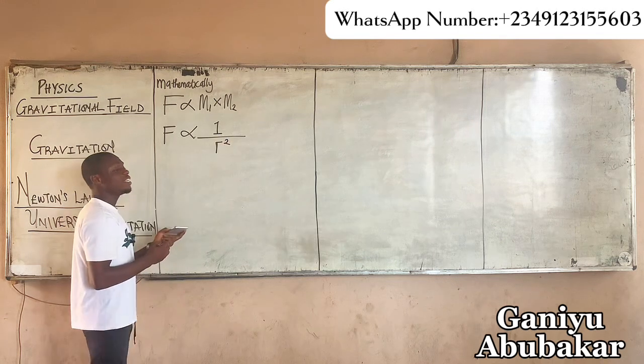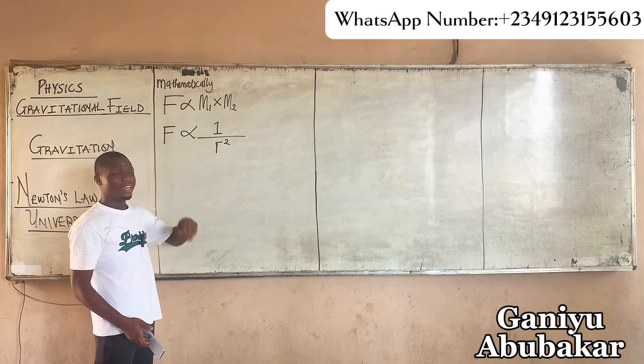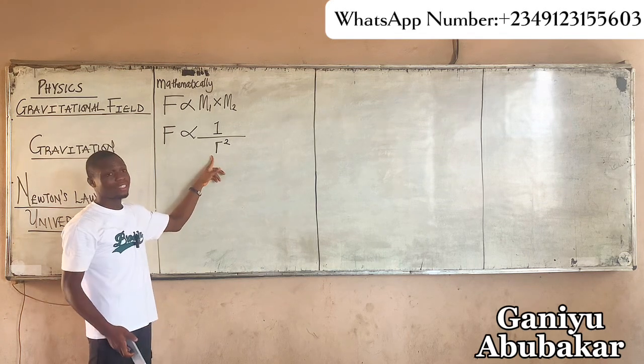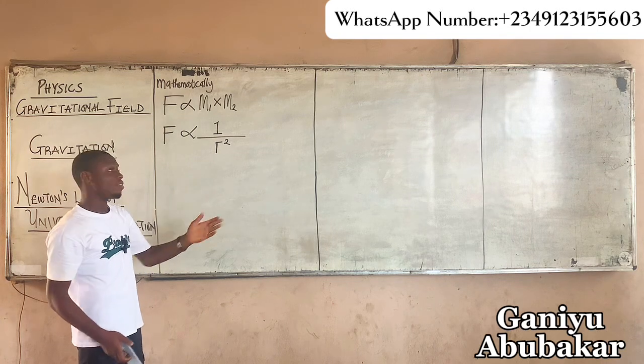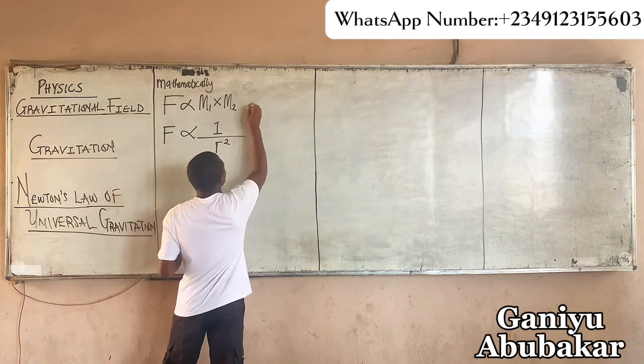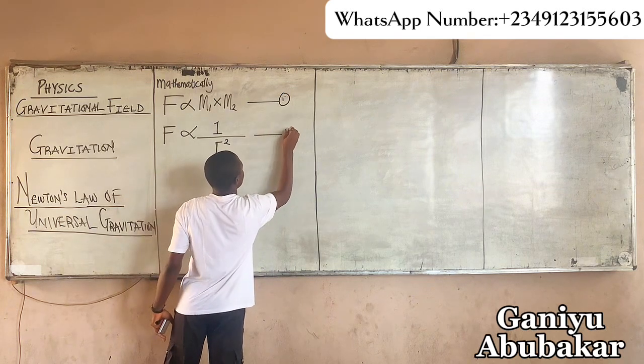In this case, the distance apart is r. Please note that r represents the distance, while m1, m2 represent the product of the masses. Call the first one equation 1, and call the second one equation 2.